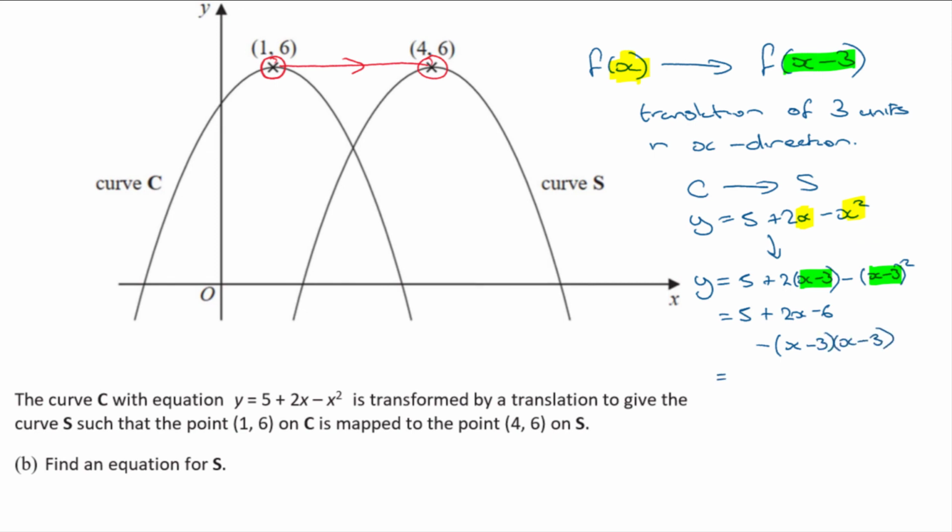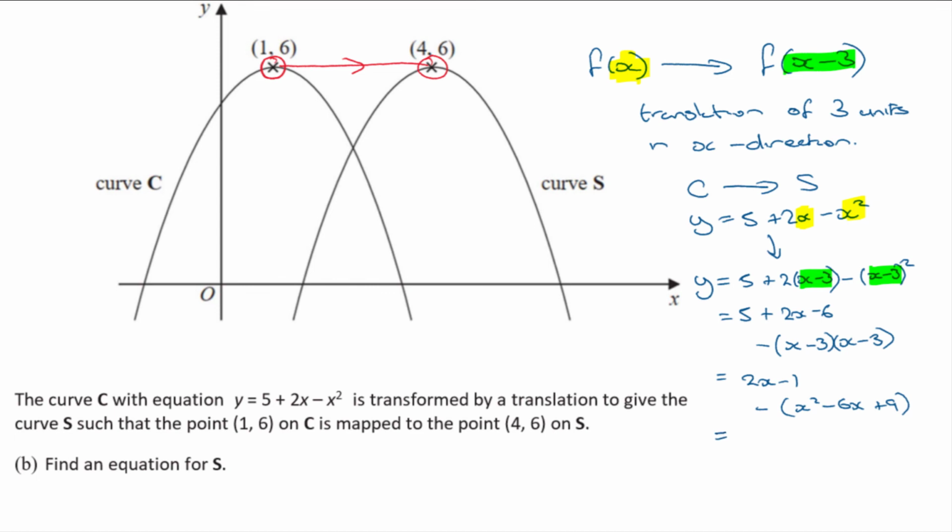Which is 5 minus 6, that's minus 1, isn't it? So that's 2x minus 1, just collecting those 5 and minus 6 together, and then minus whatever this bracket multiplied out is. That's going to be x squared minus 6x plus 9, using that handy identity for perfect squares I was talking about earlier.